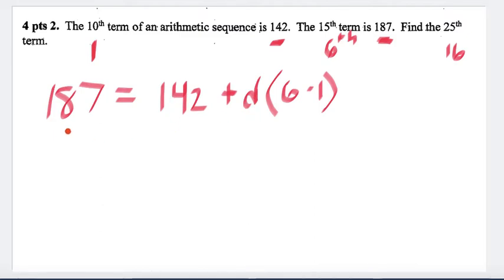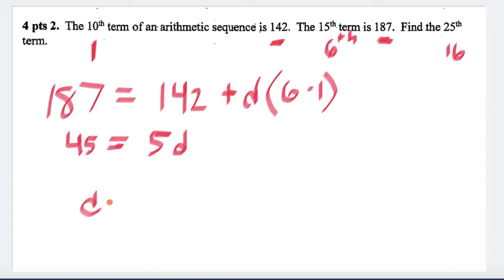Subtract 142 from both sides and get 45. 45 equals d times 6 minus 1. Well, 6 minus 1 is 5, so I have 5d. If I divide both sides by 5, I'll get d is 9.